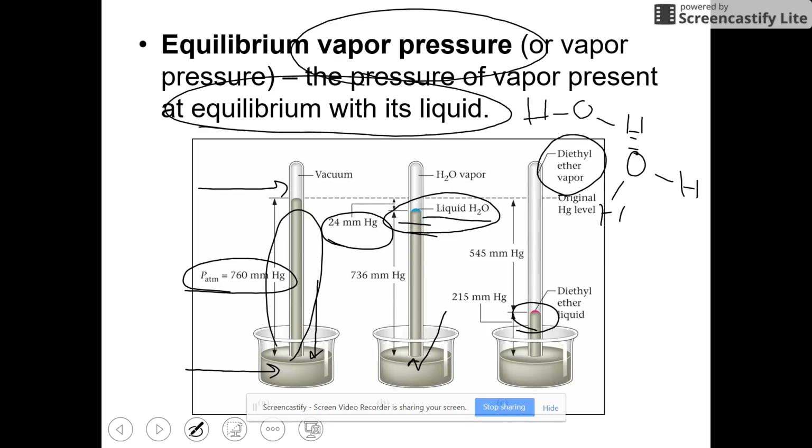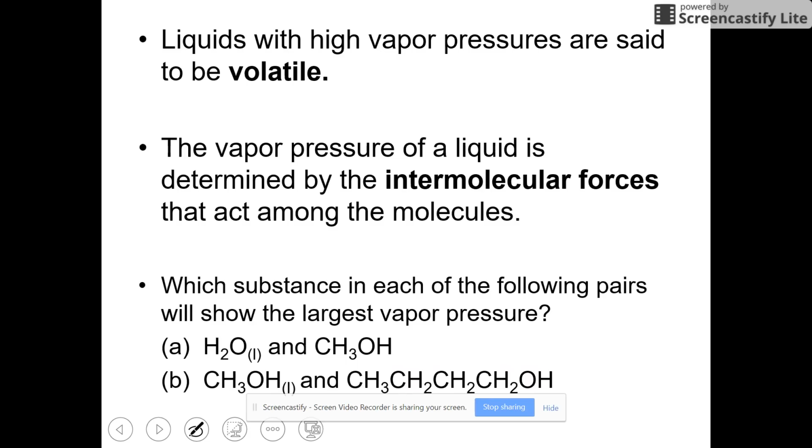Because diethyl ether has only dipole-dipole, it doesn't need that much energy to vaporize, to change from liquid phase to gas phase. So therefore, something like diethyl ether will have high vapor pressure. In this case, the vapor pressure of diethyl ether is 545 millimeter mercury.